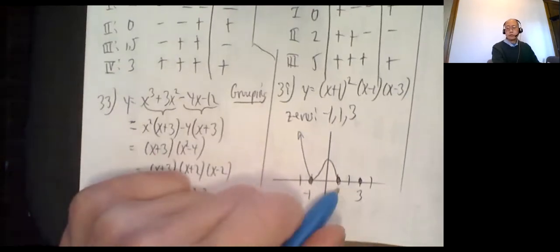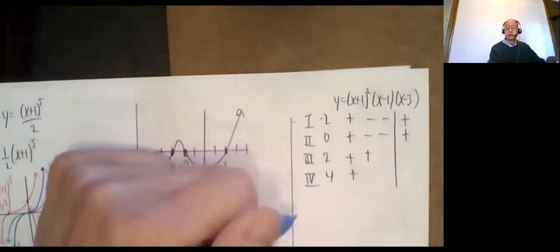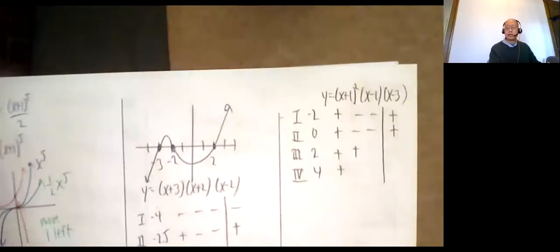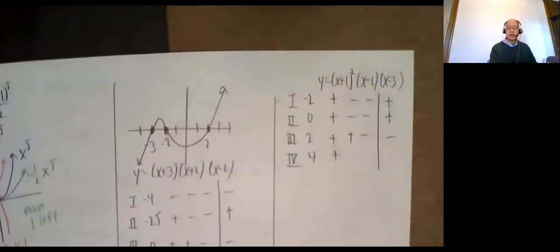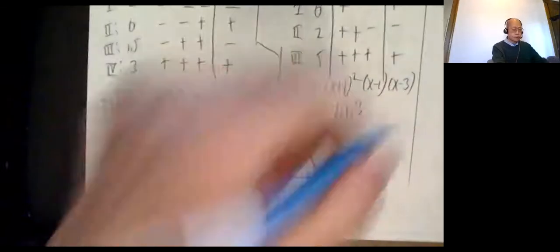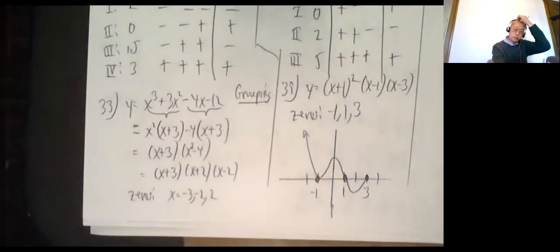Okay, 2. I already know that's positive. 2 minus 1, positive. 2 minus 3, negative. Positive times negative, negative. Goes down. Get the idea?